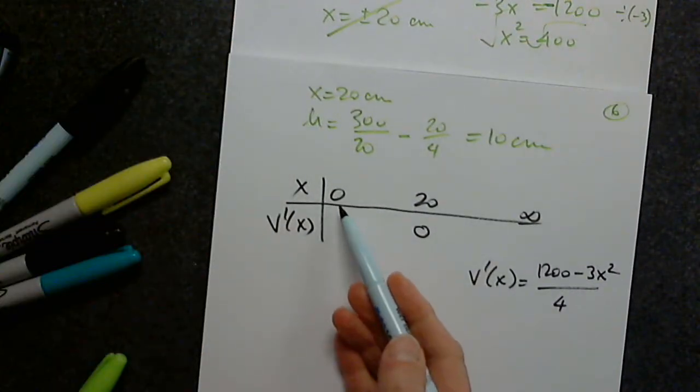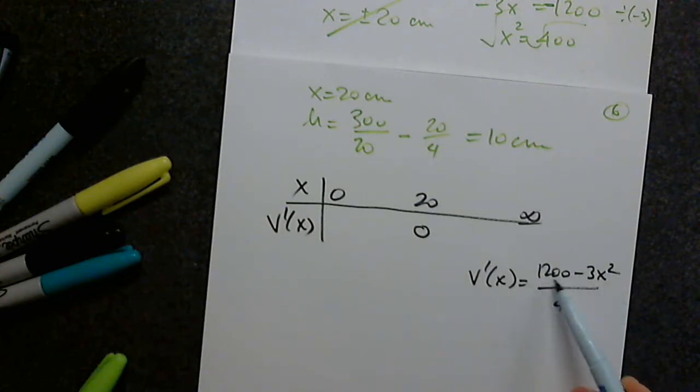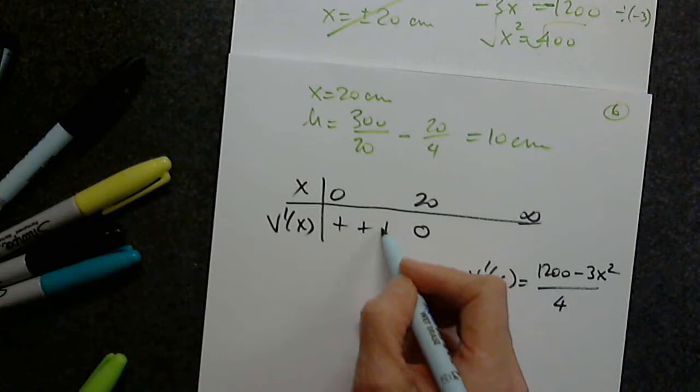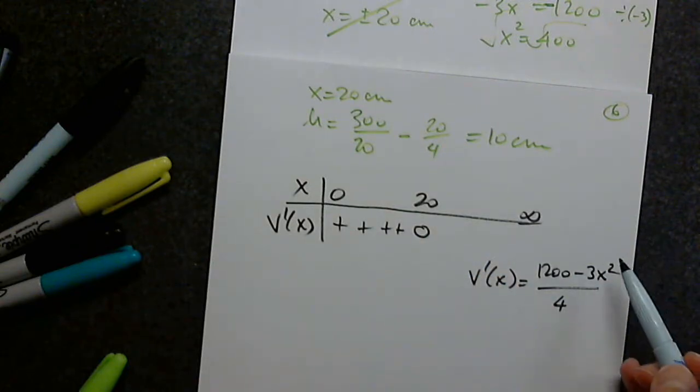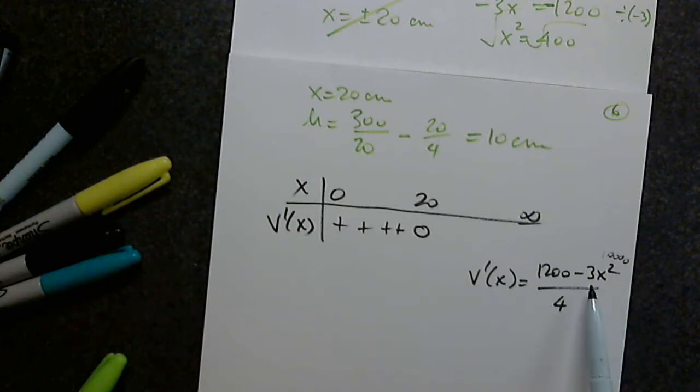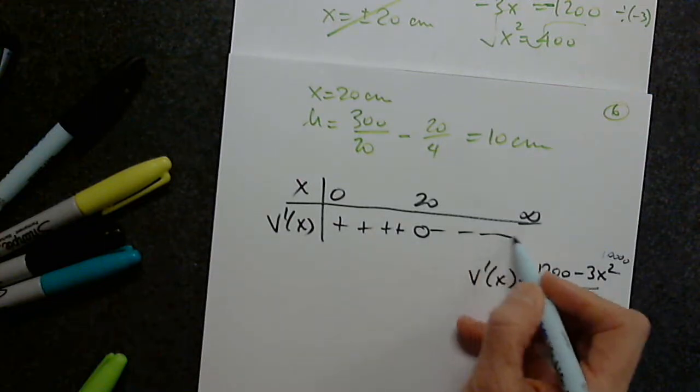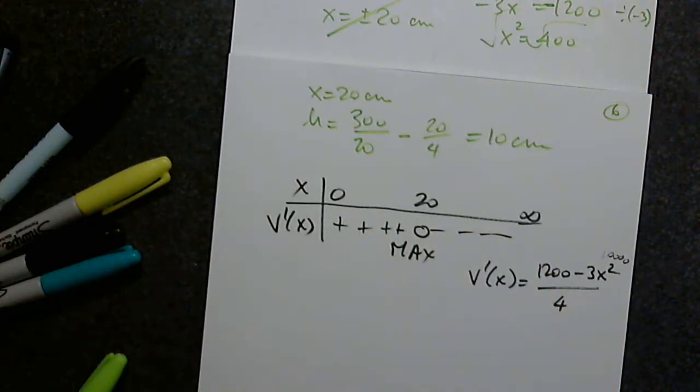I will plug in 0. When I plug in 0, I get 1200 over 4. What sign is that? Now let's say I plug in 100. 100 squared will be 10,000 times negative 3 will be negative 30,000 plus 1200 and over 4 sign. So there is guarantee that this gives a maximum.